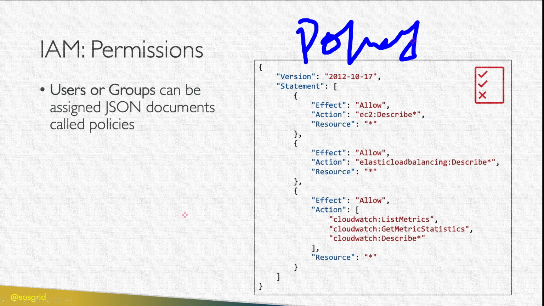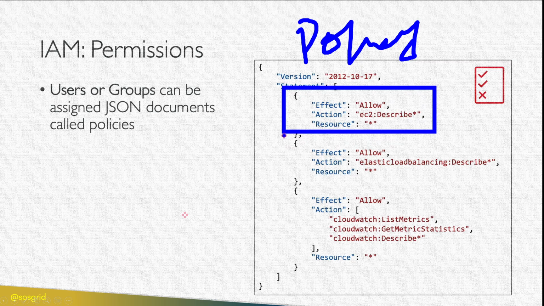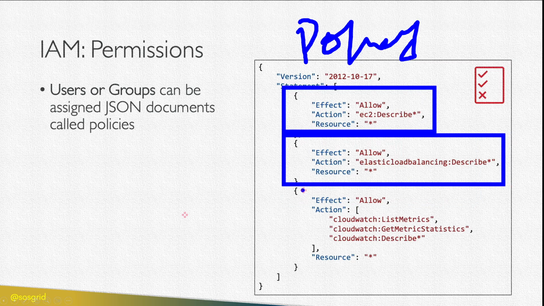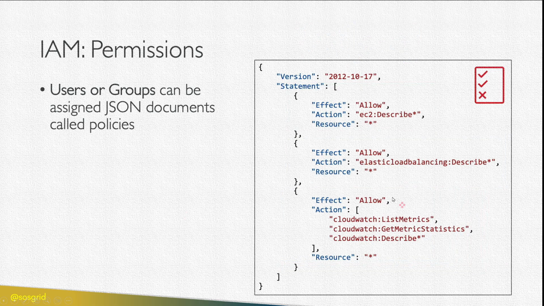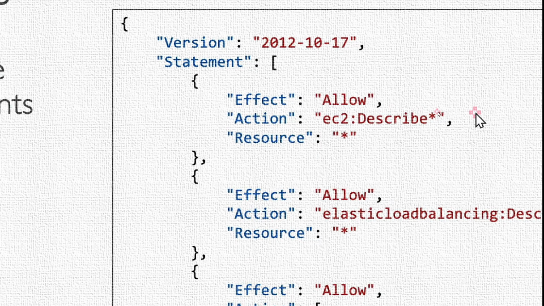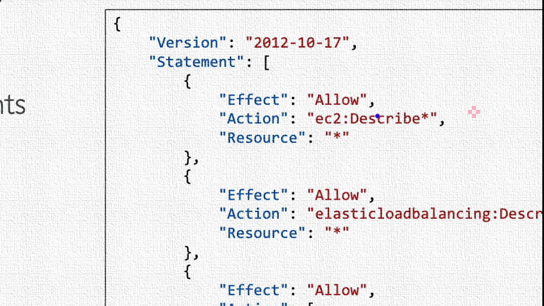Okay, so inside the policy, there are different permissions. Like this one, you have another permission, and you have another permission. So multiple permissions are usually called a policy. And an example is looking at it here now. You don't need to understand this. This is just saying we want to allow an EC2 describe.